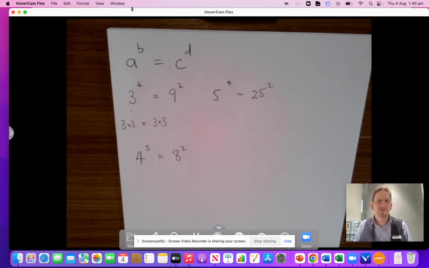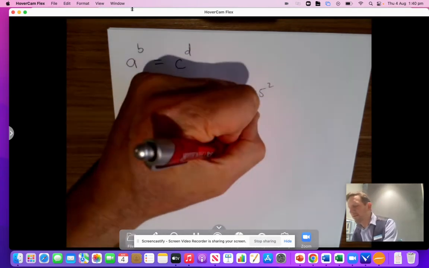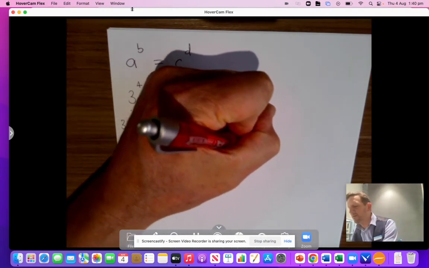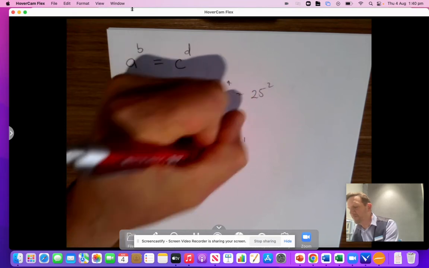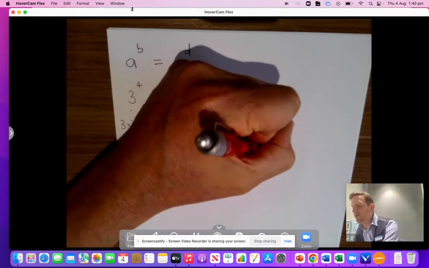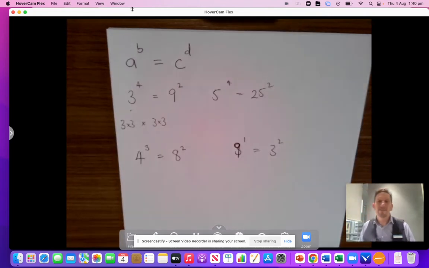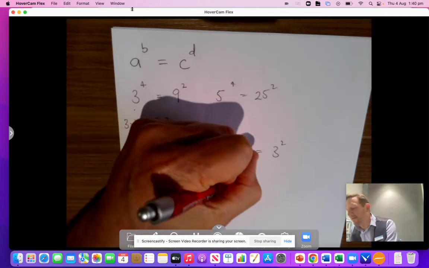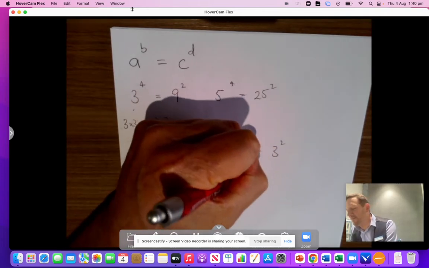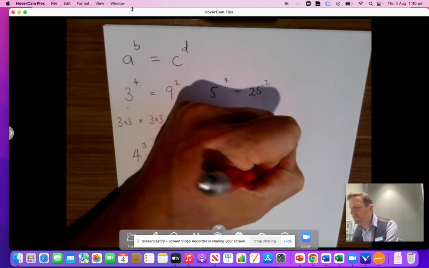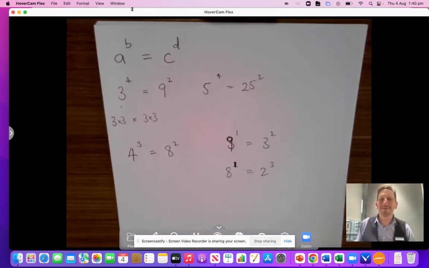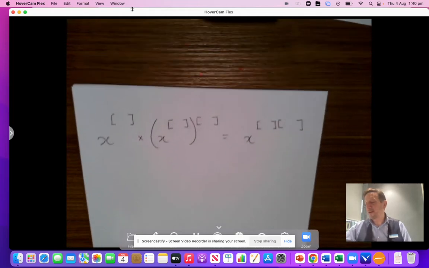You could obviously use something like 9 to the power of 1 equals 3 squared. Bit of a cheat, maybe, using to the power of 1, 8 to the power of 1 again equals 2 cubed. So there's a few more answers as I sit here and think about a few more answers.